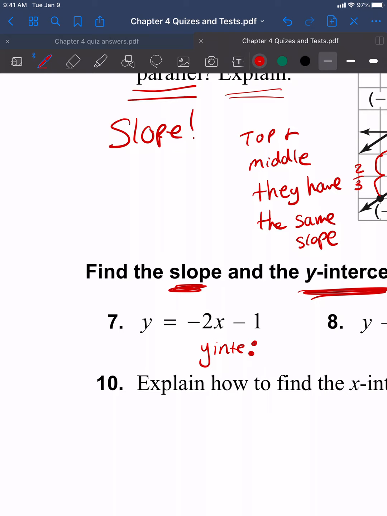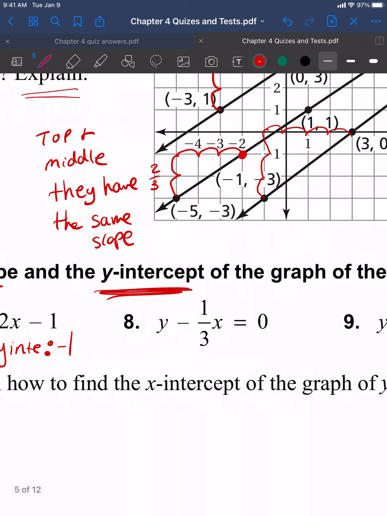Oh, good job. If you put 1, I will count you wrong because it's -1. How about slope? -2/1. If you put just -2, you are still correct. So -2, fine. -2/1, awesome. I like both ways.